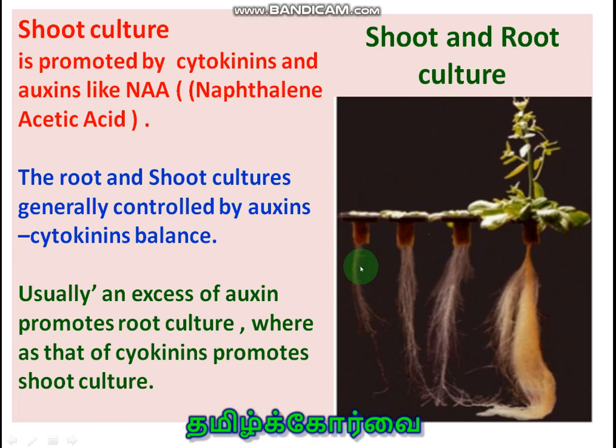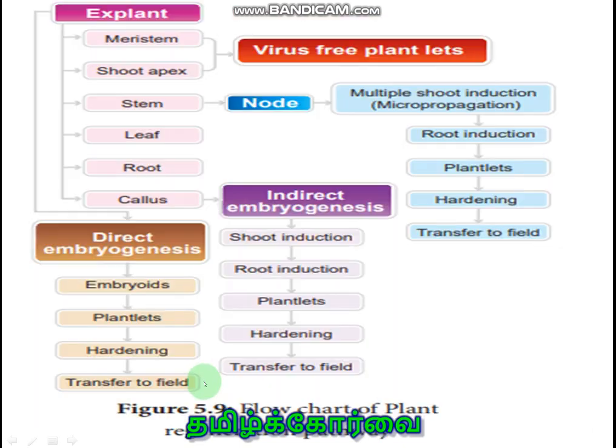Here you can see the roots alone produced. Afterwards, the shoot is produced. Shoot culture is promoted by cytokinin and auxin like NAA, naphthalene acetic acid. The root and shoot culture is generally controlled by the auxin-cytokinin balance. Usually an excess of auxin promotes root culture, whereas an excess of cytokinin promotes shoot culture.